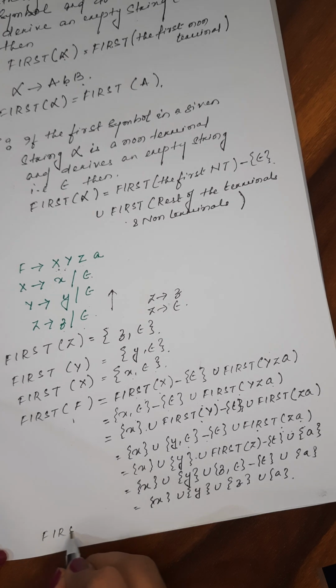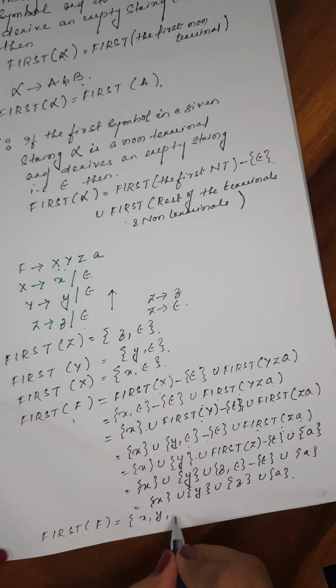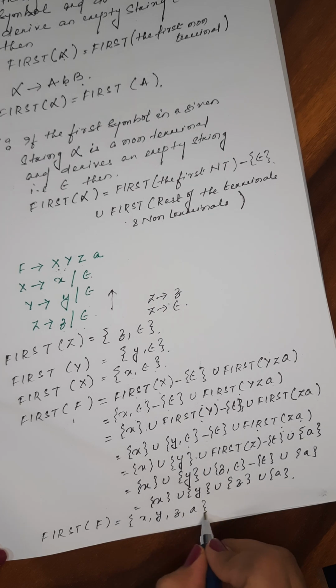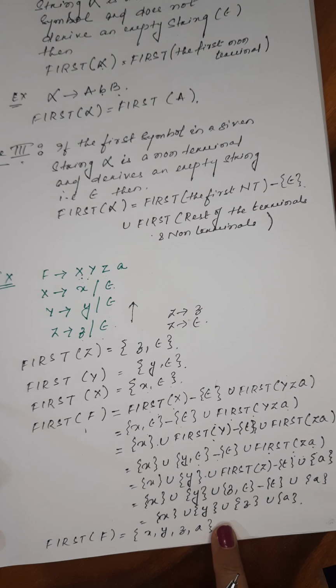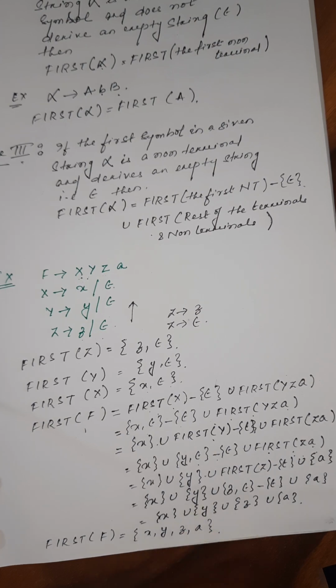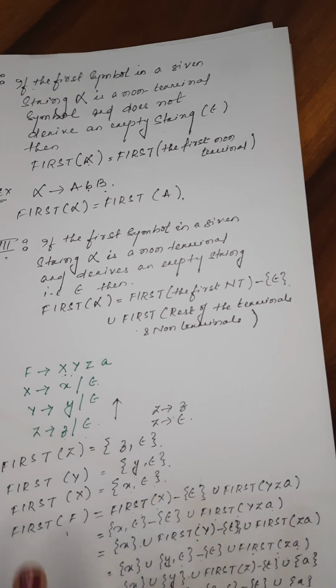First of f is equal to x, y, z and A. This is how we will calculate the first of a given production rule. This is all about your calculation of first.